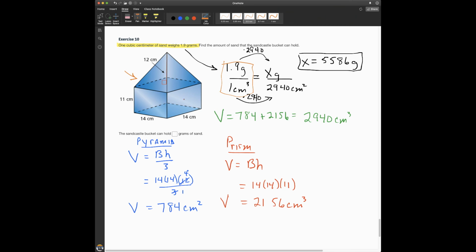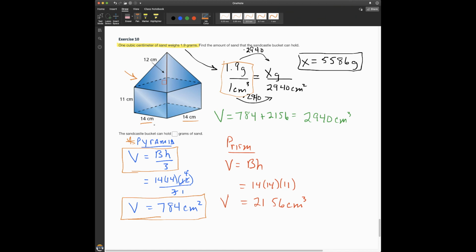Well, I can find the volume of this composite solid by finding the volume of the pyramid, which I do here using this formula. For the pyramid, the base has the same dimensions as the base of the prism. So I find the area of the base, multiply it by the height, divide by 3, and I get the volume of the pyramid.